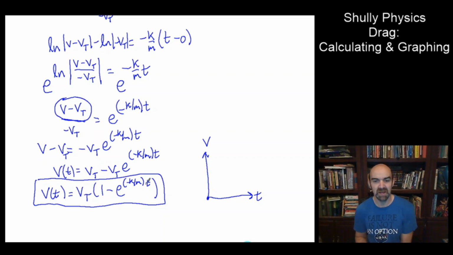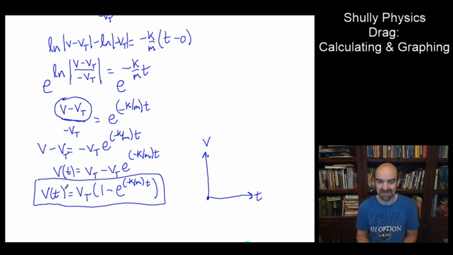How about when time becomes greater and greater? As time increases, this is e to the power of negative, like 1 divided by e to the t kind of a function. So as t becomes greater, the denominator becomes greater and greater, meaning the whole number becomes less and less. So as t becomes greater, this term approaches 0. And if this term approaches 0, we're subtracting a number like 0 from vt.